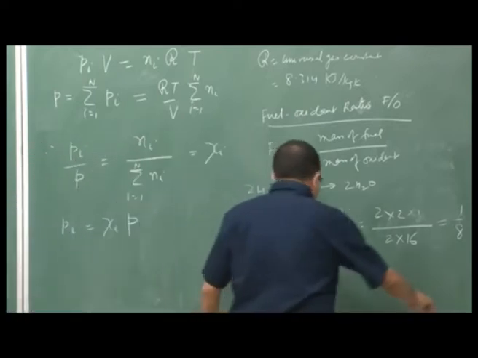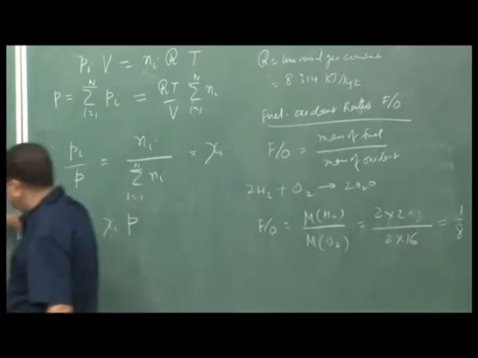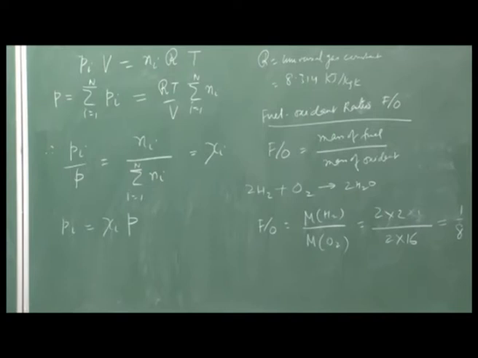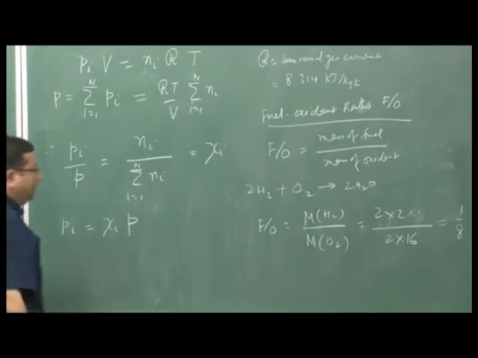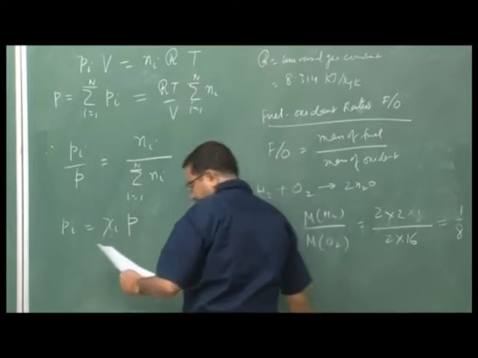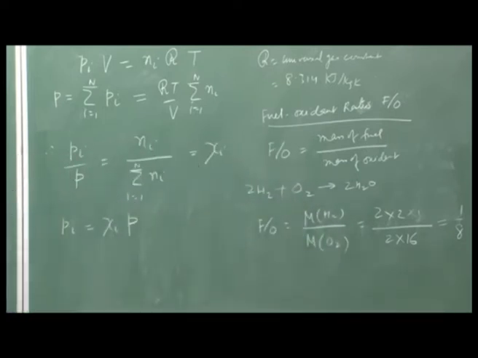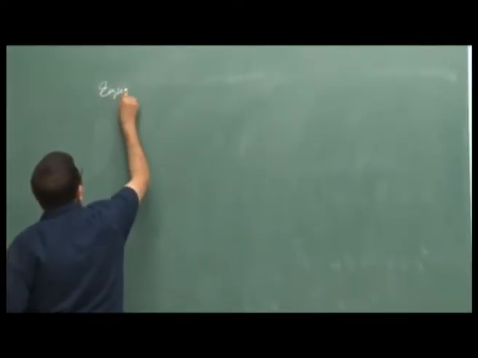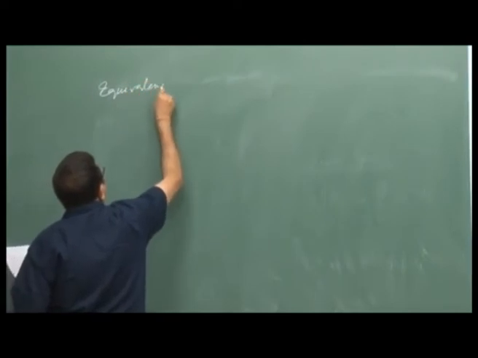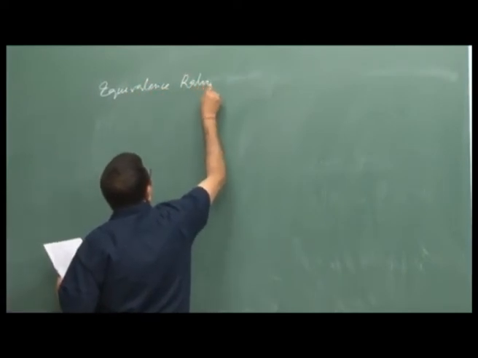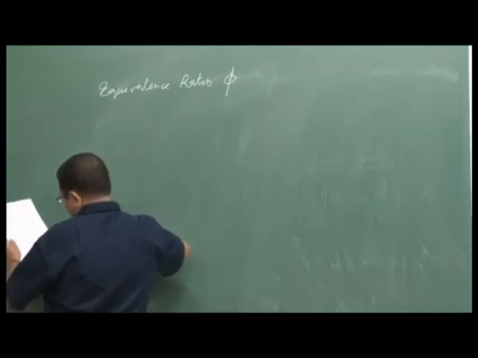Now, another important ratio which is very widely used in most of the combustion literature is called equivalence ratio, and in this course I will also be using equivalence ratio most widely. So, let me look at equivalence ratio given by phi.